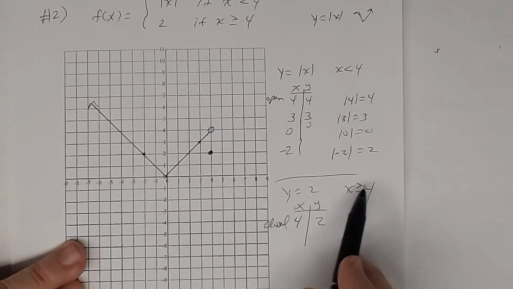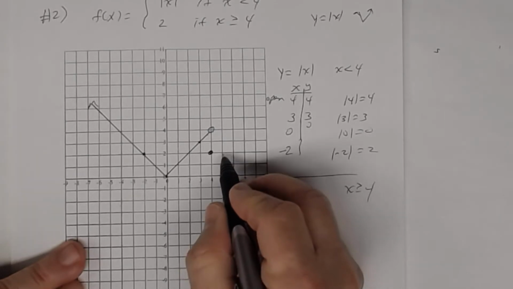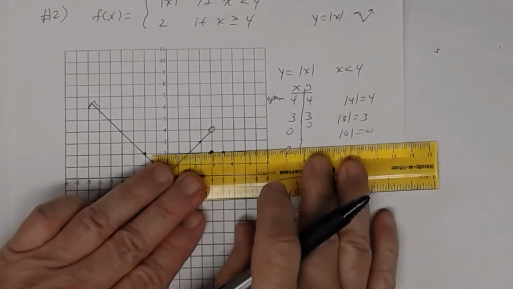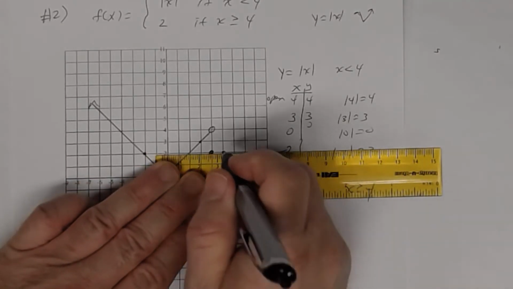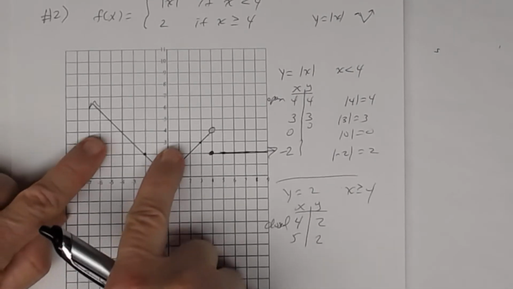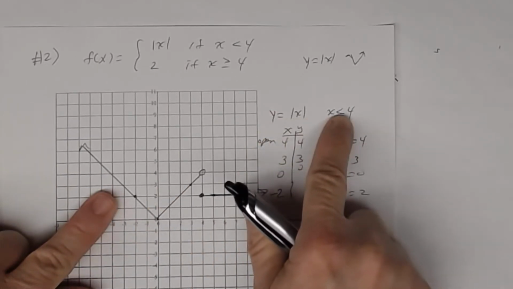So I need one more x value that's greater than or equal to 4. Let's say 5. If x is 5, this says y has to equal what? 2. So let's plot the point 5, 2. So 5, 2 looks like this. And now we have enough to draw our ray. So this is the graph right here. All right. So notice this piece here corresponds to x less than 4.